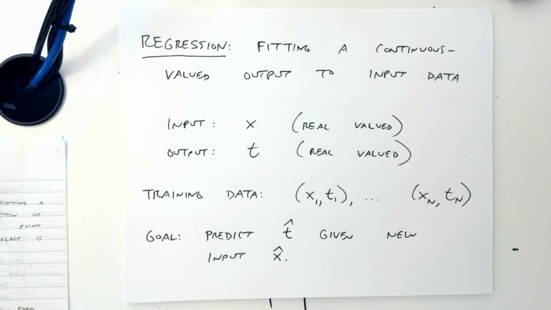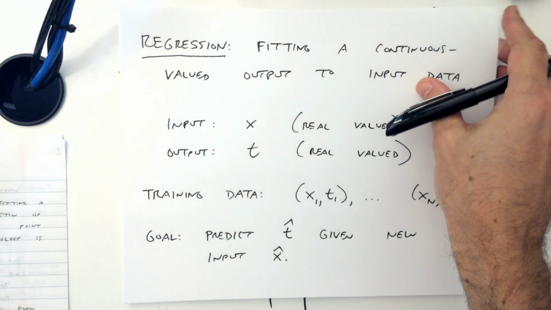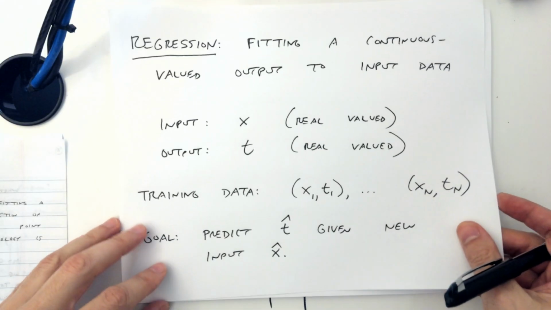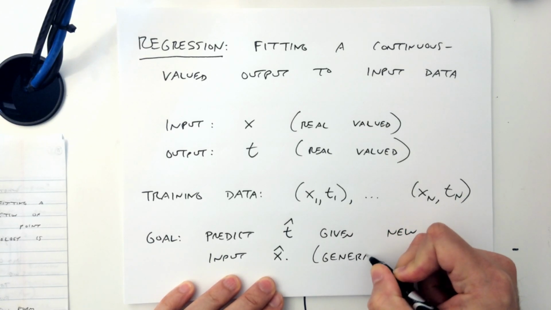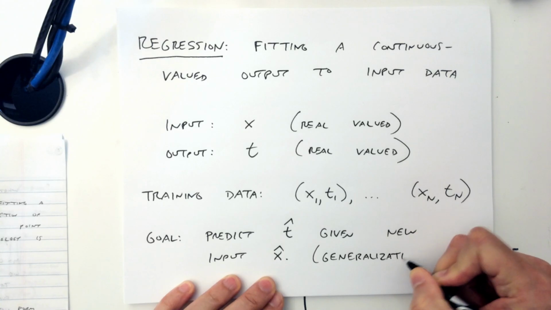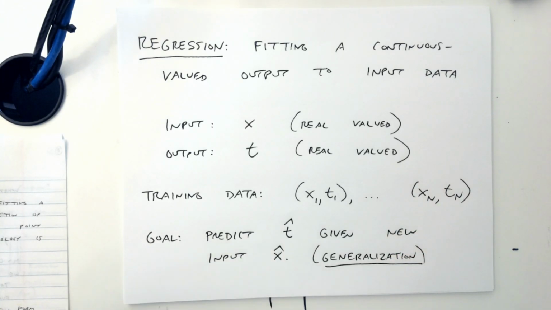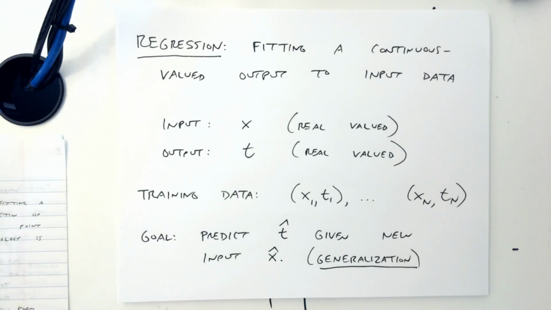One key hypothesis is that the outputs are related to the inputs by some sort of unknown but regular function. Let me write down the word generalize because I want to make sure that's in your notes somewhere. This idea of predicting some new output from a new input is called generalization.